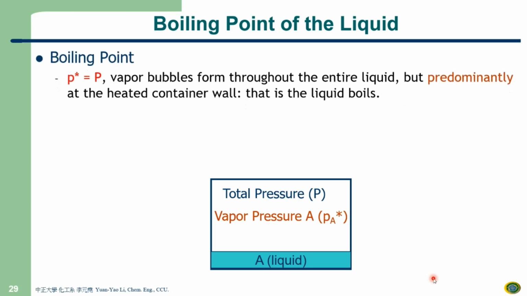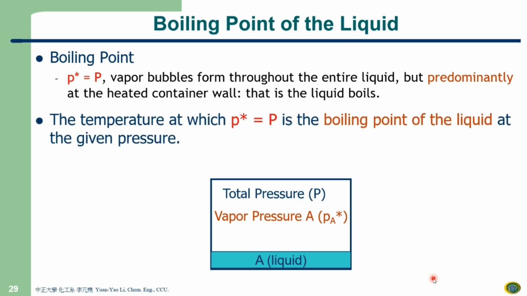At the boiling point, Pi star equals P, and vapor bubbles form throughout the entire liquid, but predominantly at the heated container's walls. That is, the liquid boils. So the temperature at which Pi star equals capital P is the boiling point of the liquid at a given pressure. This is the definition of boiling.